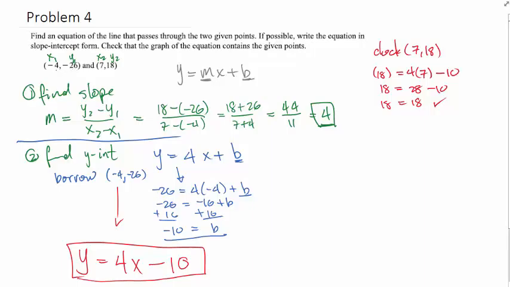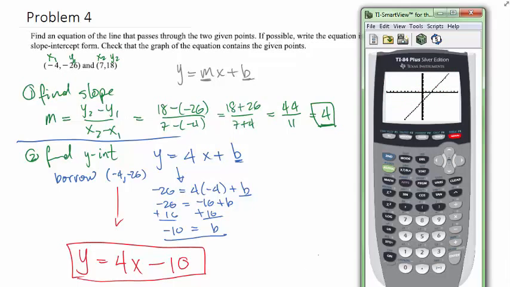Let's plug in an x value of negative 4. To plug in values, we can use trace. Let's hit trace. If I move my cursor back and forth, I can move along the line. But for this one, I'm going to hit negative 4, enter, and then I see that my y value is negative 26.